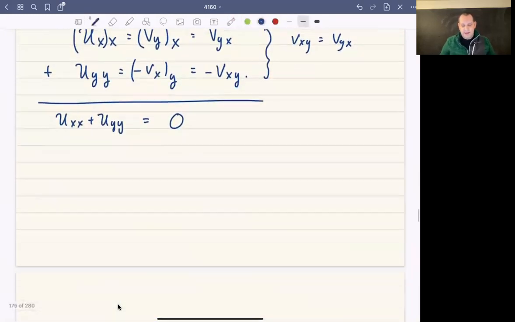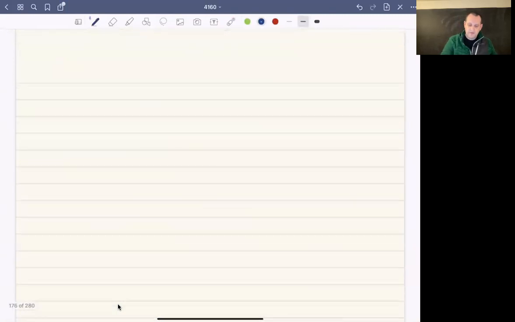On the flip side of that, this is another proposition, and this is kind of the reverse side of the coin.